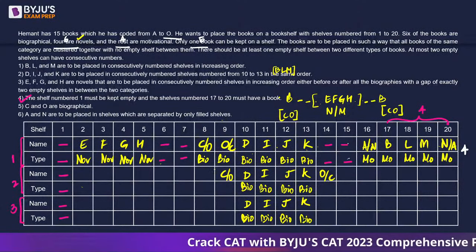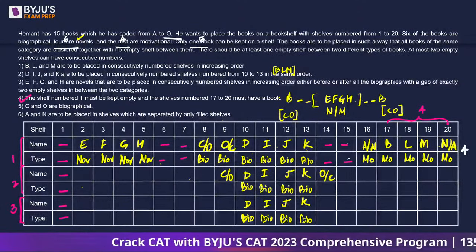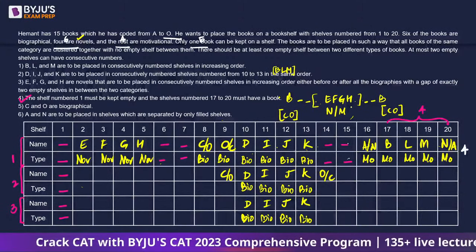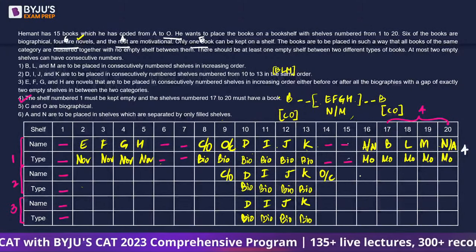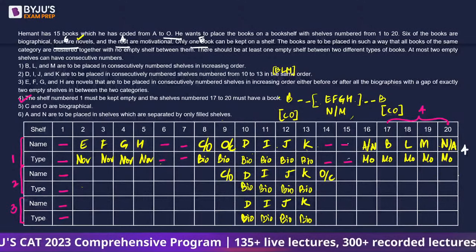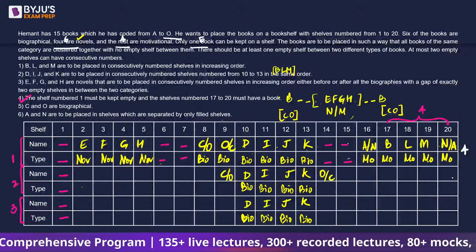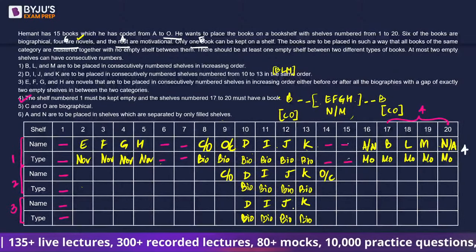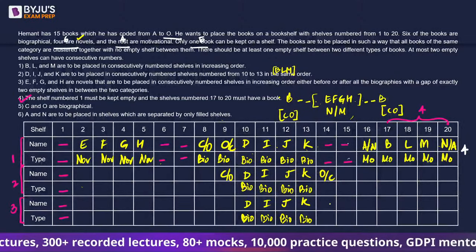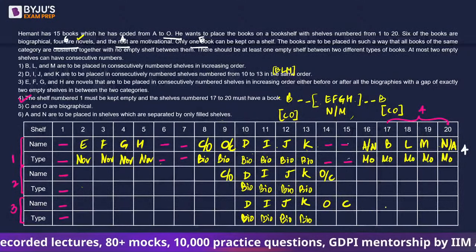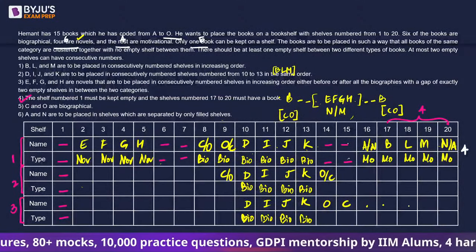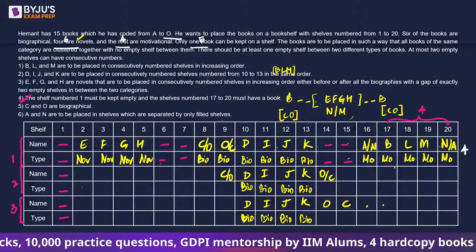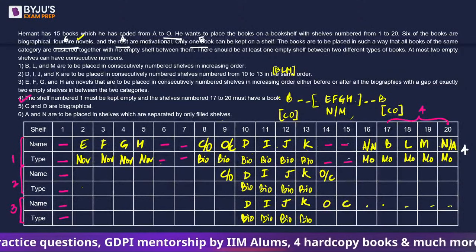right? If this happens, then 2 spaces before it, we can have these 4 books EFGH, or maybe 2 spaces after it, we can have EFGH. They both are possible, right? Acha, if we put DIJK and O and C here, then after 2 spaces we can't fill 5 books and EFGH cannot come here.